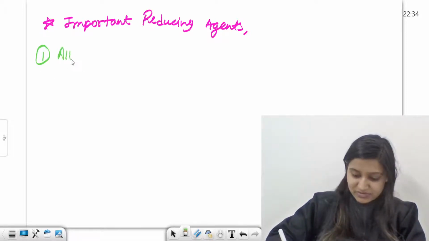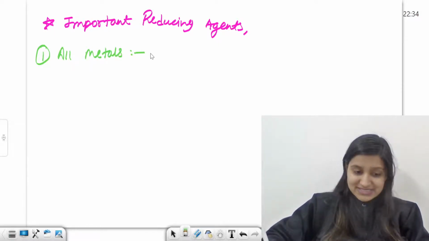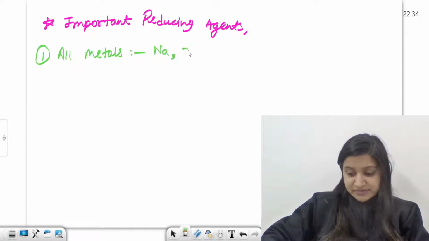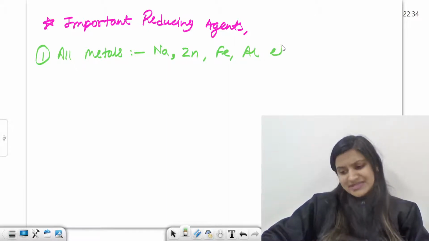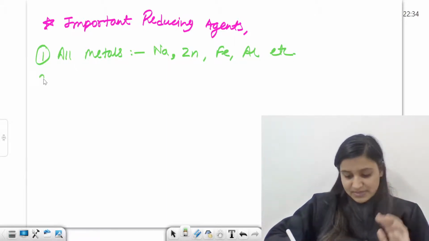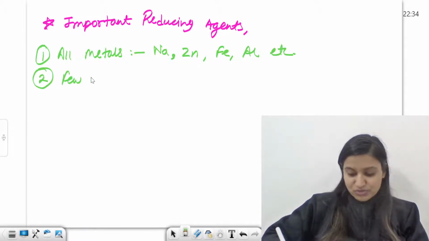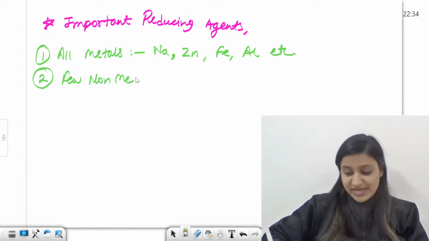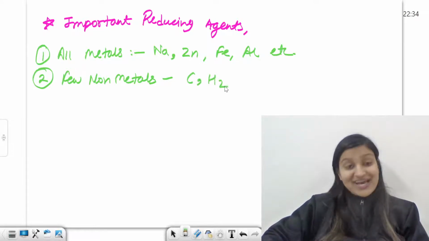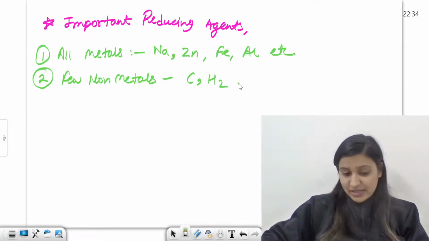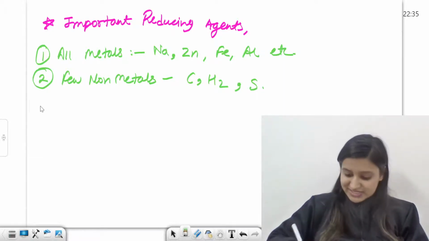All metals, for example sodium, zinc, iron, aluminium, etc. Next, a few non-metals also behave as reducing agents, such as carbon, hydrogen, and sulfur.